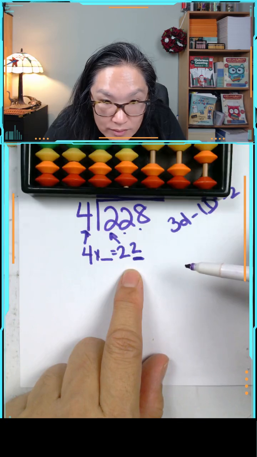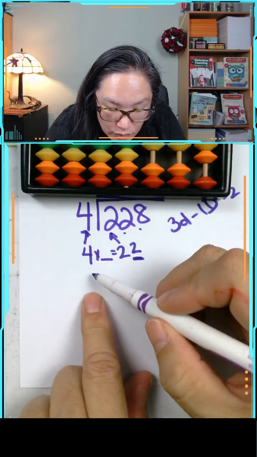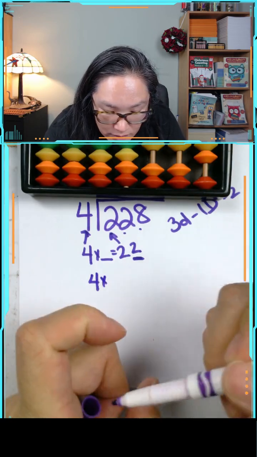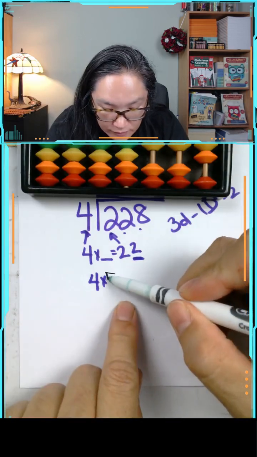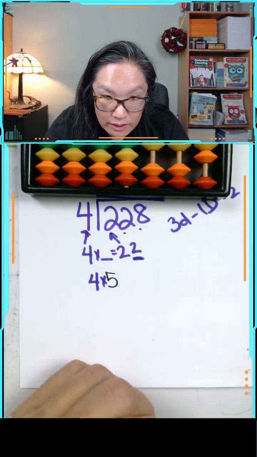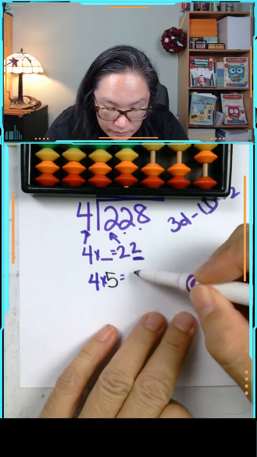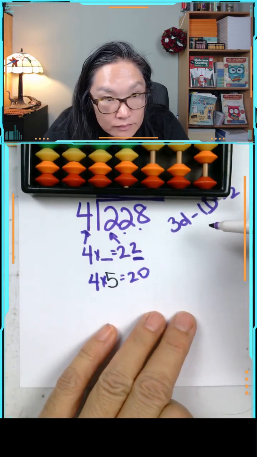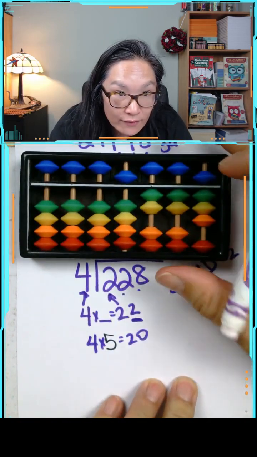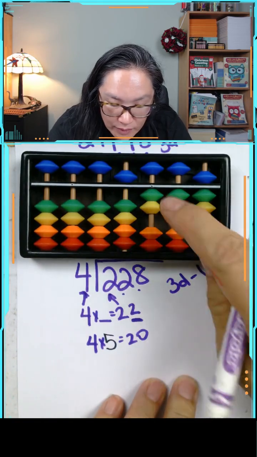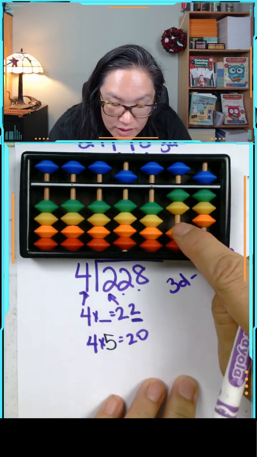Thank you, applesauce. So 4 times 5 is equal to 20. So I put 5 on my abacus. Take away 2. Take away 0.